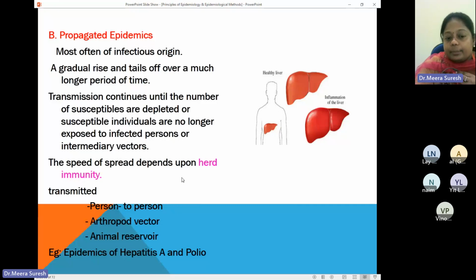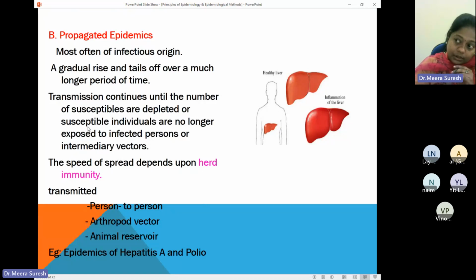The speed of spread depends upon herd immunity. This can also be done by herd immunity, like if a lot of people are getting vaccinated. Even the vaccinated people can act as an obstacle to stop this transmission. So the speed of the spread of the propagated epidemic depends upon herd immunity.